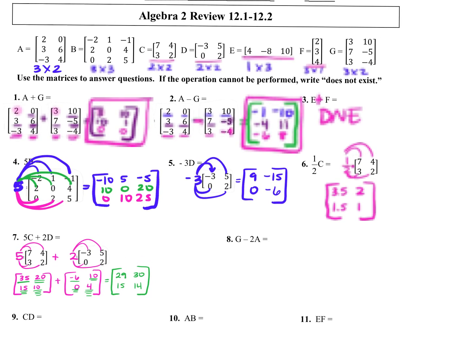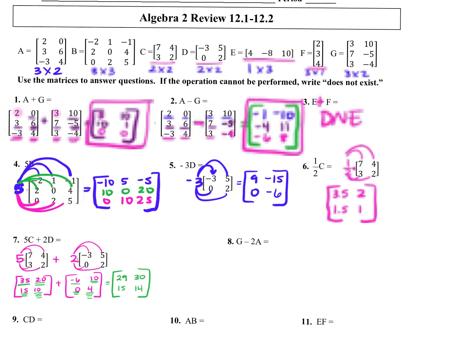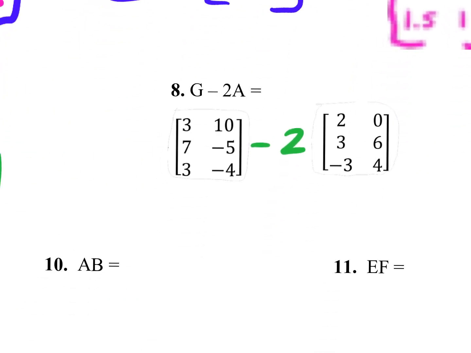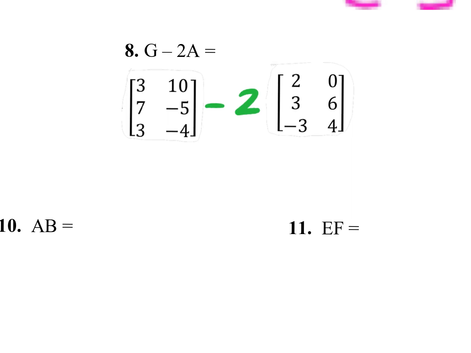All right, number 8. G is a 3 by 2 and A is a 3 by 2, so we can subtract those. So let's lay this out. G minus 2 times A. So the first thing you want to do here is you want to multiply.